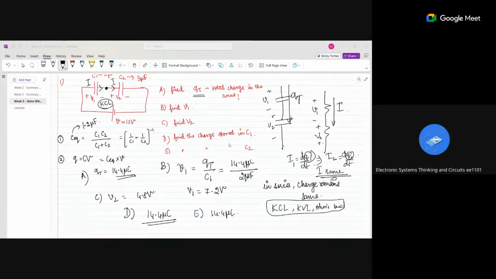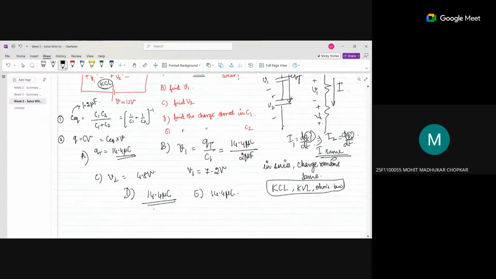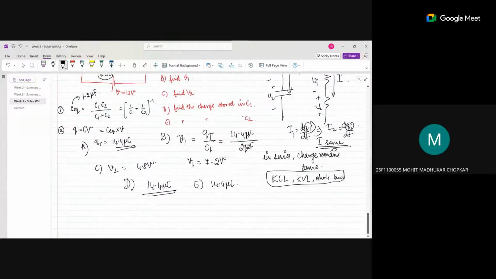You will be learning the superposition theorem here also, around week 5 or week 6. But you have to learn KCL and KVL also. If there are 2 or 3 batteries and resistors in a circuit, you are unable to solve it with the superposition method.